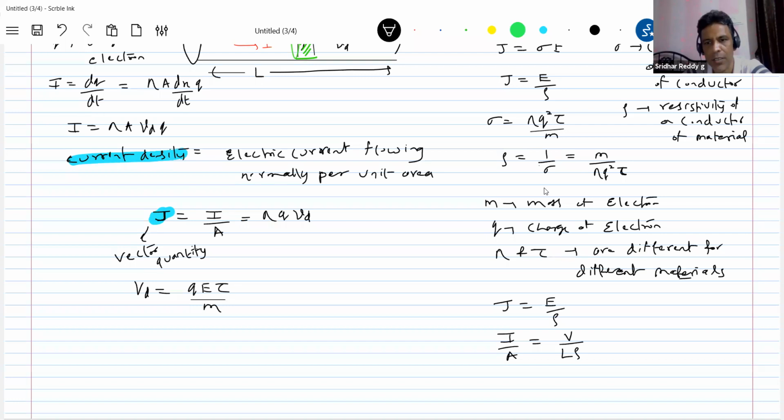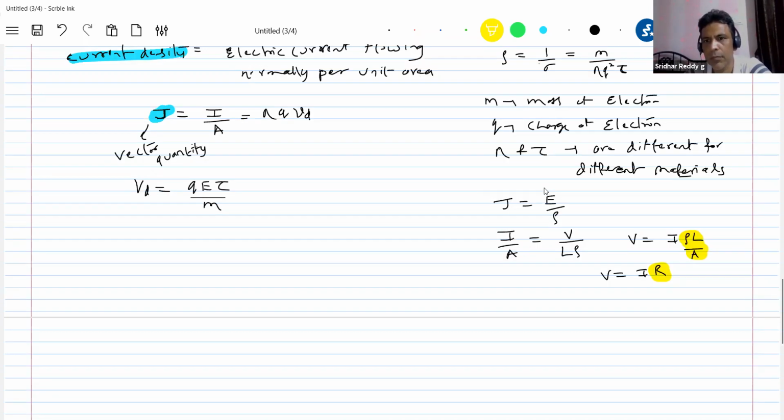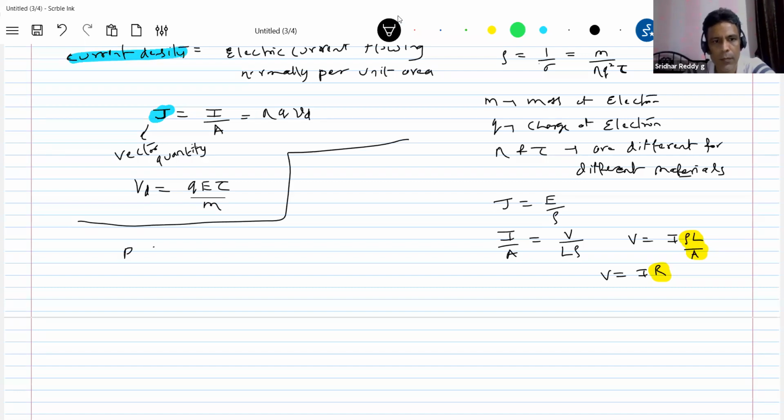From electrostatics, therefore this V is equal to I rho L by A, where this rho L by A I'll call R, the resistance of a conductor. R equal to rho L by A.